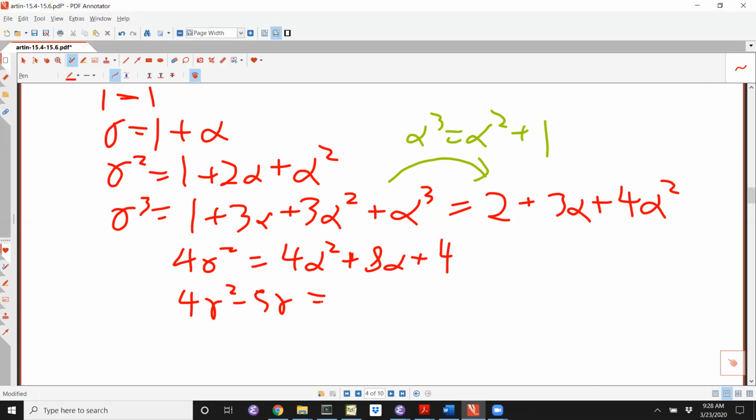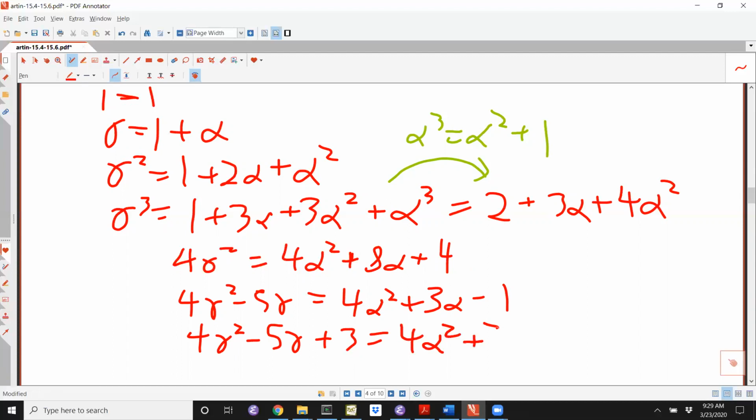We subtract 5 from the alpha term, that's good, and then 5 from the constant term, not quite. And so we're off by 3, which means that 4 gamma squared minus 5 gamma plus 3 is equal to 4 alpha squared plus 3 alpha plus 2, which is in fact gamma cubed.